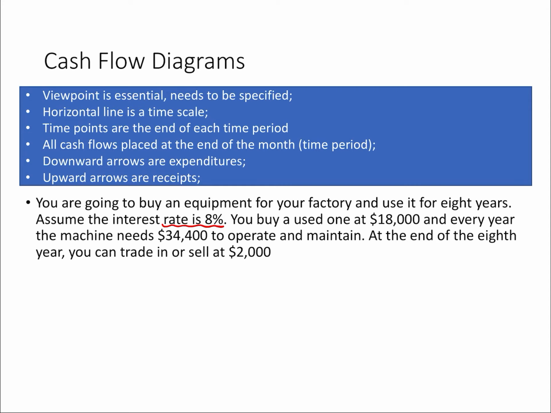You buy a used one, okay, a second-hand car, at 18,000. And every year the machine needs 34,400 to operate and maintain. At the end of the 8th year, you can trade in or sell at 2,000. So here are the cash flows.